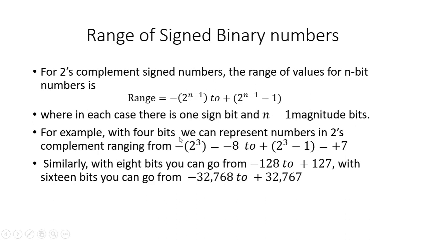For example, with 4 bits we can represent numbers in two's complement ranging from minus 8 to plus 7. Similarly, with 8 bits we can go from minus 128 to plus 127, and with 16 bits we can go from minus 32,768 to plus 32,767.